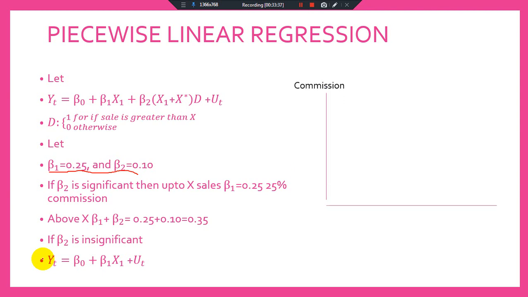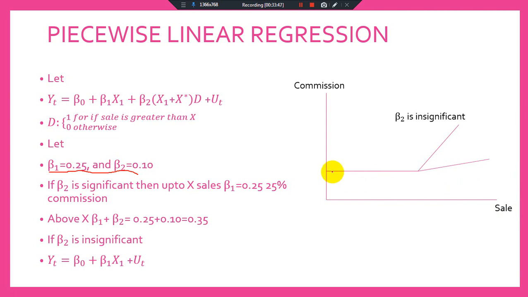So let's see the graphical presentation. Here we have a dependent variable, commission, and an independent variable, sale. From the starting point our constant will be the same, and after that point, if beta 2 is significant, then commission will increase, and if beta 1 is significant only, then the commission will remain somewhat constant. So this is known as piecewise linear regression analysis.